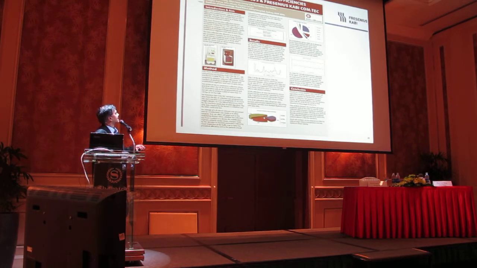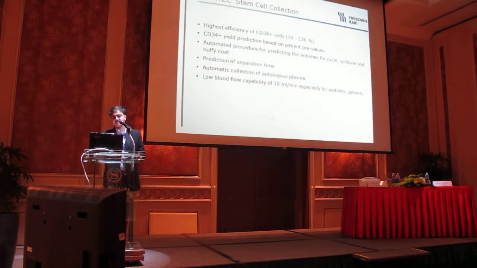So it showed a very high collection efficiency, and it also showed that the actual collected yield showed a significant correlation with the yield prediction values. So another important feature of the Comtech was the yield predictor. So high collection efficiency and sticking to a good indication of the collection yield and the prediction yield. So that was equally important. So this led to the center's shift from the CS3000 to the Comtech cell separator.